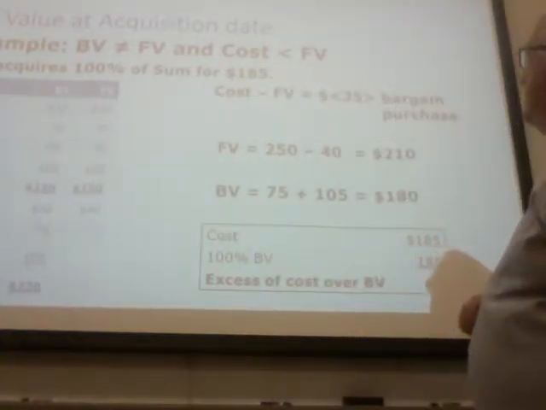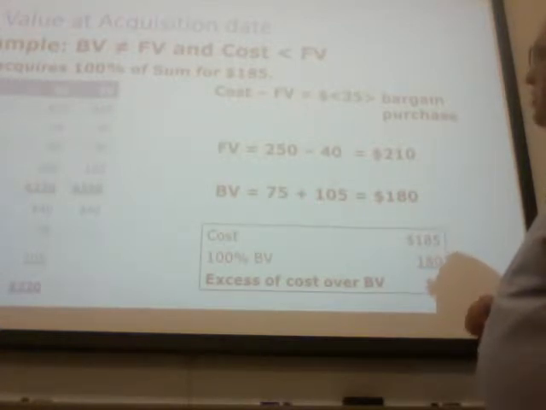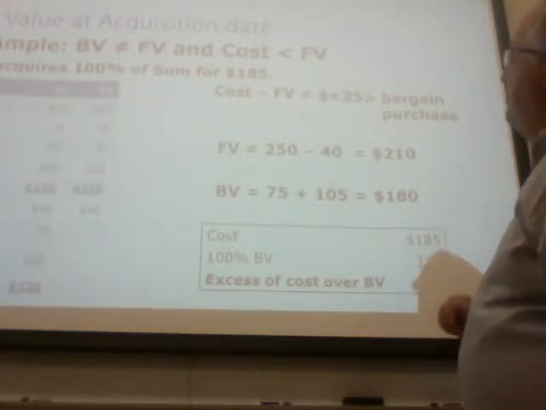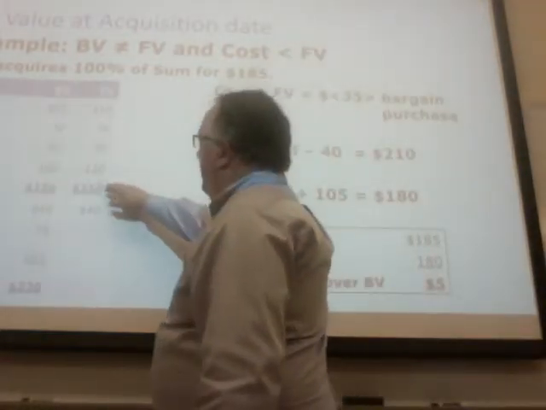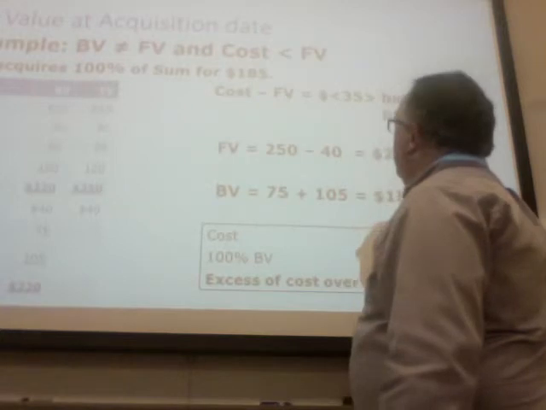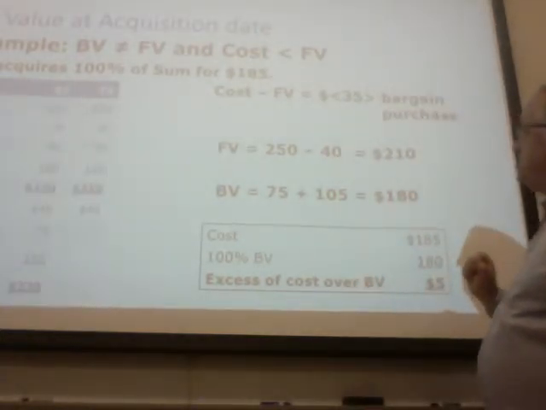So we've got 180. Our cost was 185. Our fair value is 210. So cost minus fair value is going to be a bargain purchase.